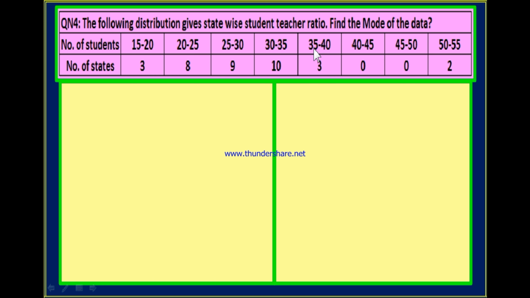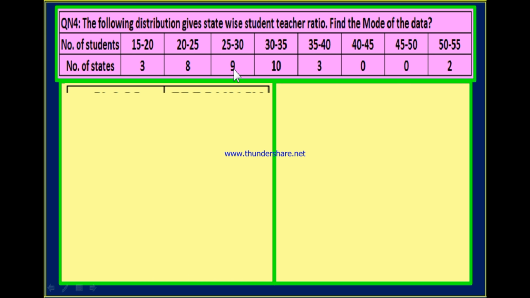Now we have to find the mode for this given data. Again, as usual, let us consider the above row as classes and this number of states as frequency, and let us construct a table by considering these as classes and the second row as frequency. So you observe this class and frequency. The first class 15 to 20, the frequency is 3.